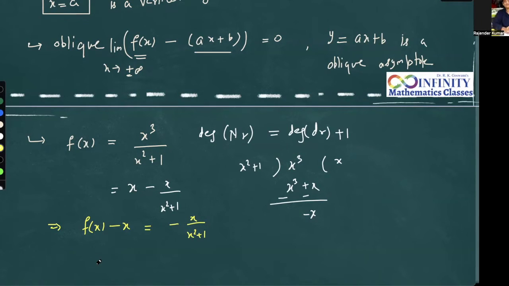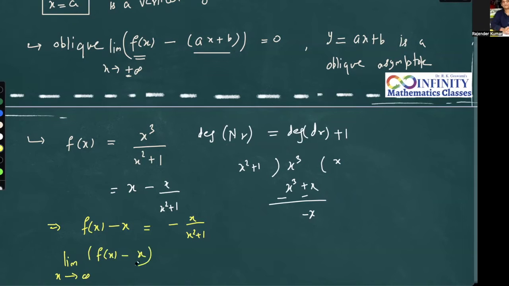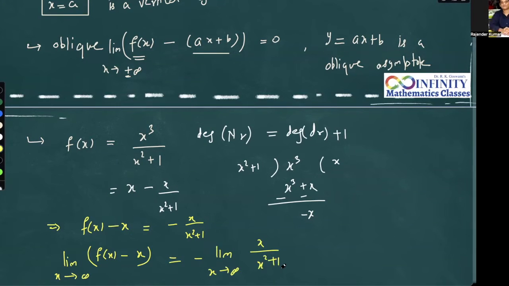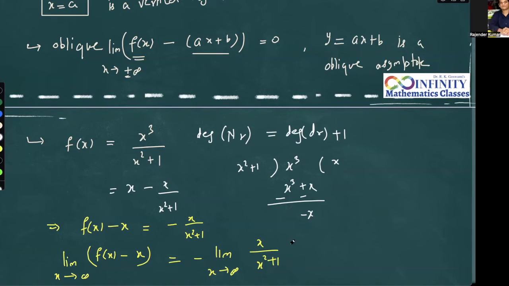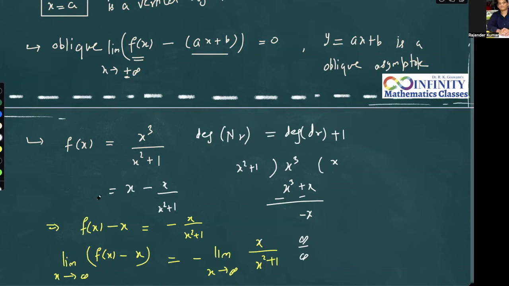Agree? Now I'm asking you, what if I take limit x tends to infinity of f(x) minus x? So keep the negative out. I will be getting limit x tends to infinity of x upon x square plus 1. I'm just applying x tends to infinity. Now you can observe if you put infinity in place of x, in the numerator you will be getting infinity, and the denominator is also infinity.